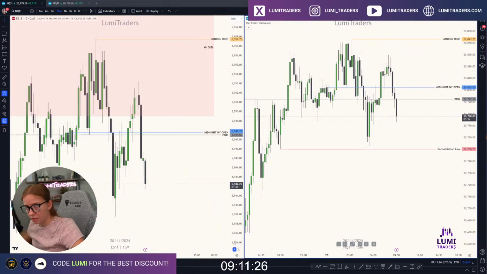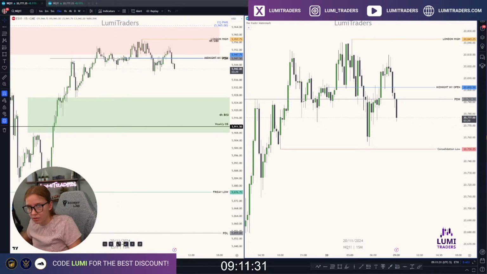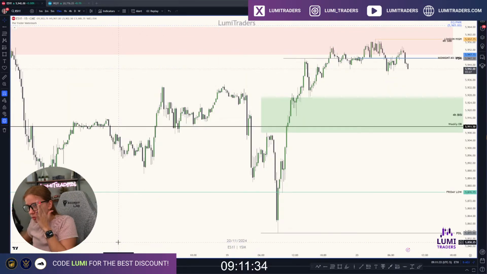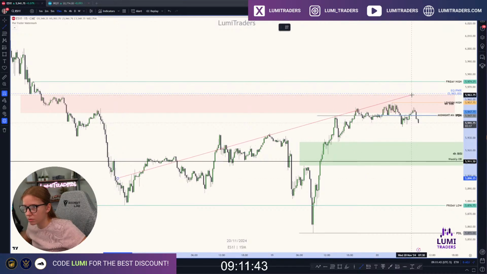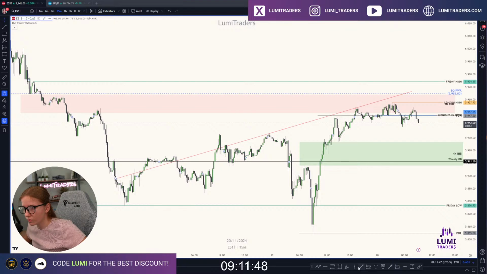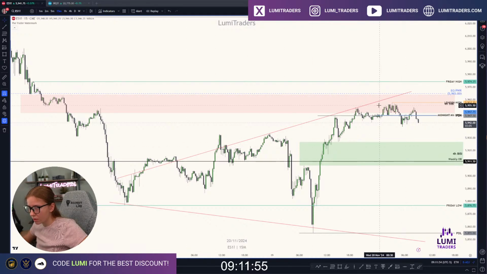Okay, guys, let's start. We all know we have earnings today after the bell, and usually before earnings we have some sort of expansion. If you notice, it's some sort of trend day. What we can see right now on the ES chart, I would like to highlight pretty much this. So what does it mean actually? This means we're trying to respect this trend line right here, and obviously this may push us lower.